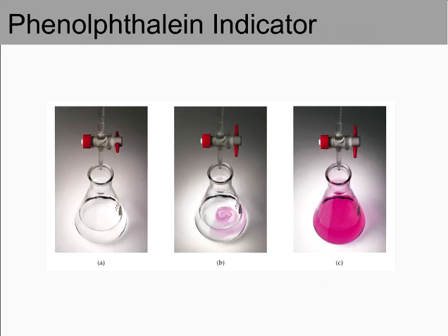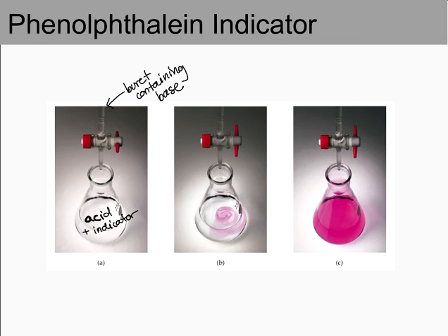In figure 1, we have our acid in the flask, and then up above is the burette containing base. So initially, before we add any base, the acid is clear. And we have added the phenolphthalein, which I'm just going to write as indicator.